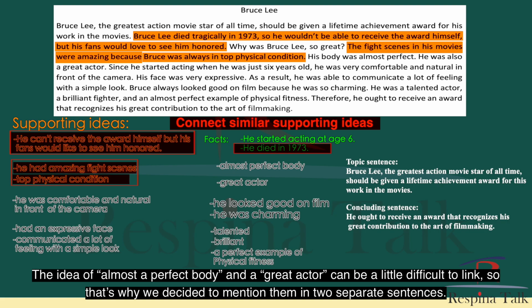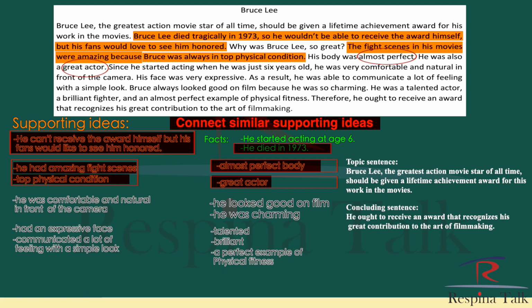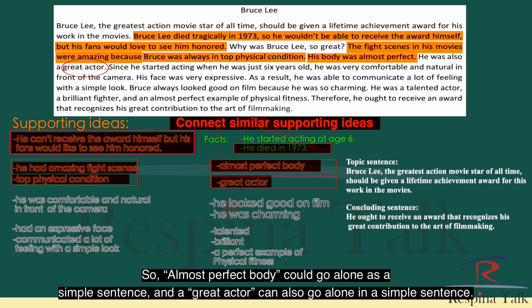The idea of almost a perfect body and a great actor can be a little difficult to link, so that's why we decided to mention them in two separate sentences. So, almost perfect body could go alone as a simple sentence, and a great actor can also go alone in a simple sentence.